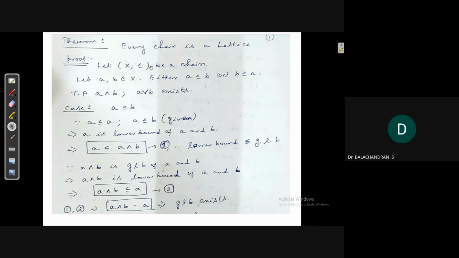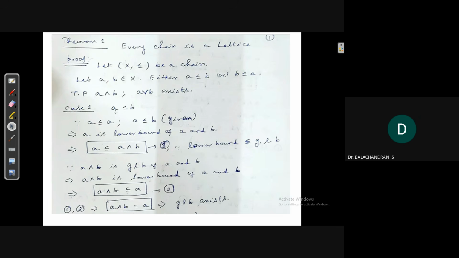So (X, less than or equal to) being a chain means if you take any two elements from X, they are comparable. They are comparable means either A is less than or equal to B or B is less than or equal to A. I want to prove this (X, less than or equal to) is a lattice. So that means, if you take any two elements, the greatest lower bound and the least upper bound exist. That is what I want to show.